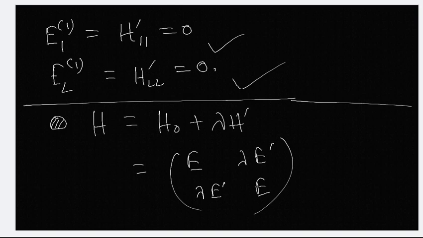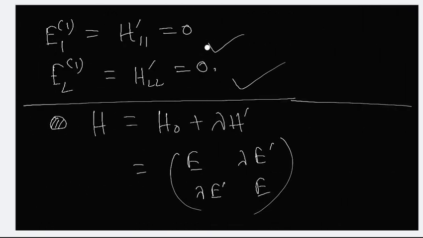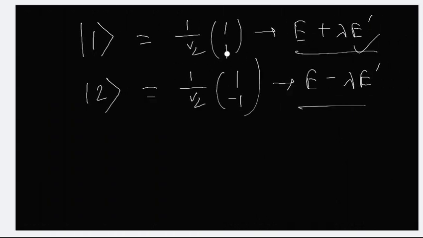But if you want to find the eigenvectors and eigenvalues directly from the Hamiltonian, you find eigenvectors which are also different from the first one, and the energy eigenvalues are slightly changed, up to E plus lambda E prime and E minus lambda E prime. That means it shows the first order corrections. So this theory could not reach up to that effect.